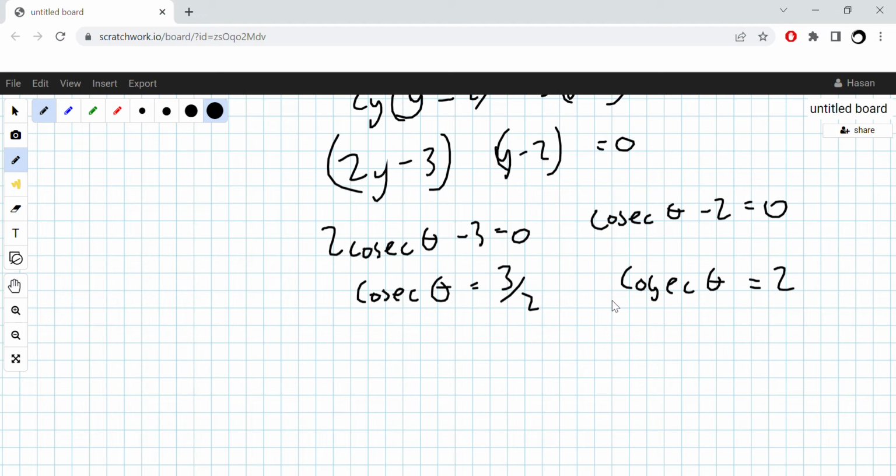From our cosec graph, we know that both can be true. This is important to check whenever you have cosec or sec. The cosec graph goes like this.